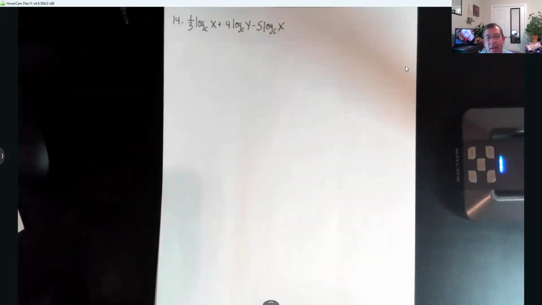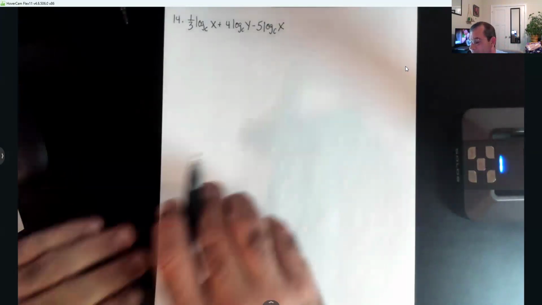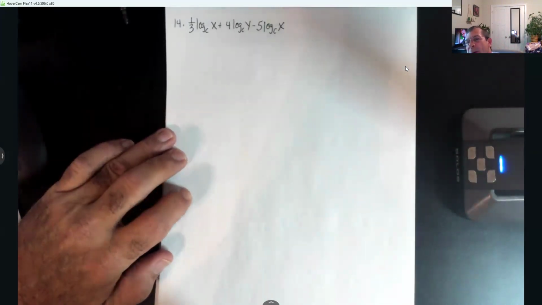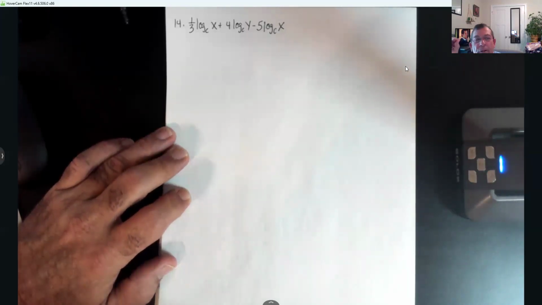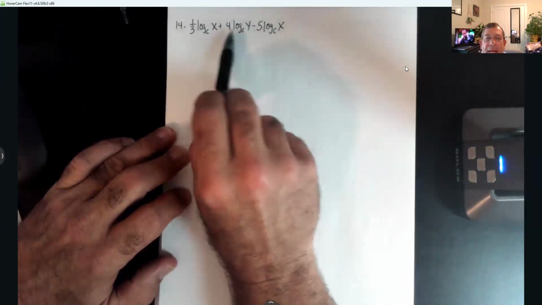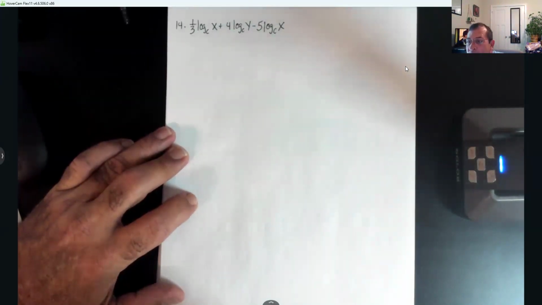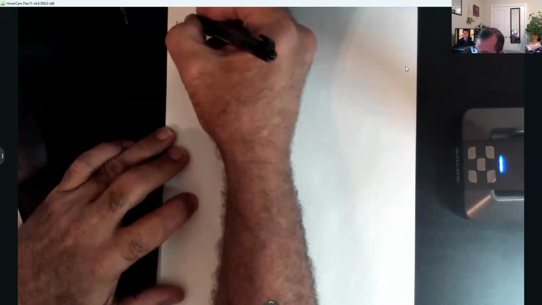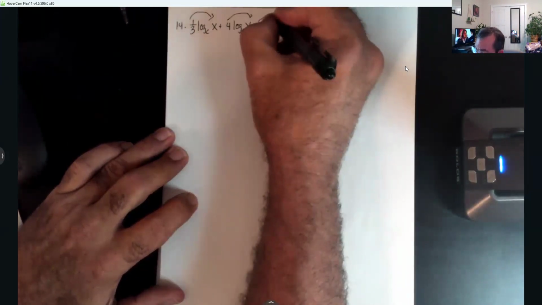So here's the thing. We're going in reverse. Okay? So when I wrote them as sums and differences of logarithms, the very last step we always did was bring all these exponents down to the front. Well, y'all, guess what? If I'm going the other way, my first step is to take all these exponents and bring them back up.